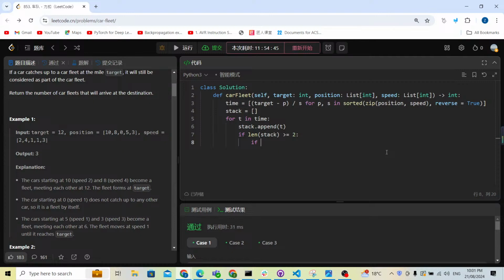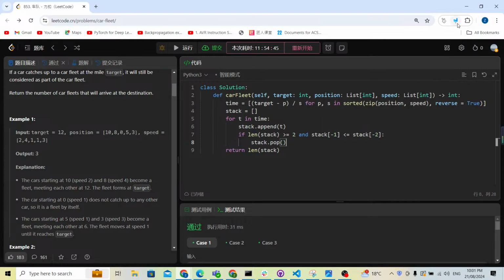So if stack minus 1 is less than or equal to stack minus 2, it means I need to pop it out. Because in between it doesn't matter, I just need to pop it out, and after that I just need to return the length of the stack.